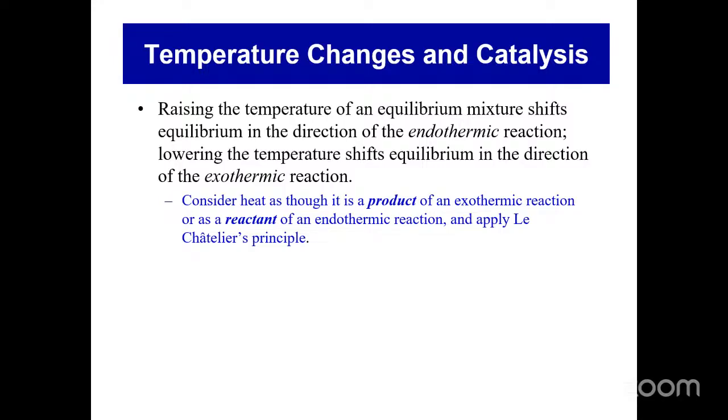So let's talk about how temperature changes affect the equilibrium position, right? So basically, and this is just a hypothetical example, let's say you have A going to B, and let's say the reaction is exothermic. So delta H is negative, or less than 0, right? Now, another way you can look at this, and this makes things a bit easier in terms of answering questions of this type, is that because heat is produced, you can rewrite this equation as A going to B plus the heat change, like this, right?